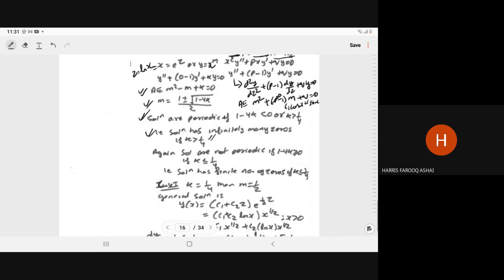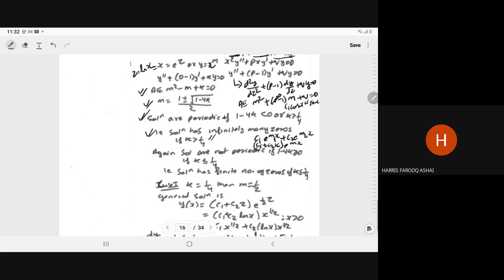When the roots are real and distinct, we have the solution C1 e to power m1x plus C2 e to power m2x. When the roots are real and equal, then we have (C1 plus C2x) e to power mx.